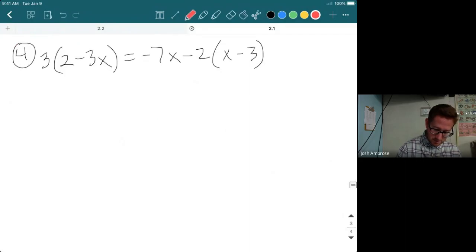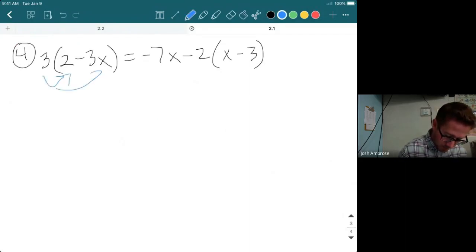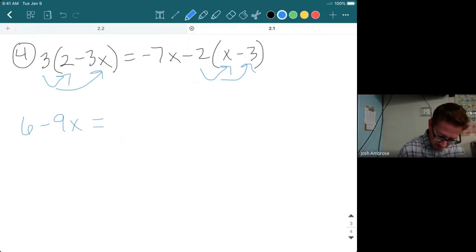All right. Okay, looks like we're having some double distributive property, both sides right here. Okay, so we have a 3 times 2, 6 minus 9x equals, this side right here, you have a negative 7x. That's fine. But now distribute that negative 2 into the parentheses.